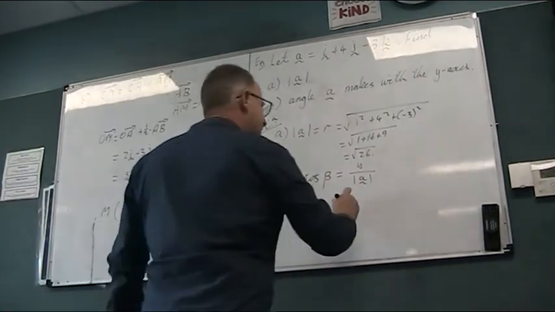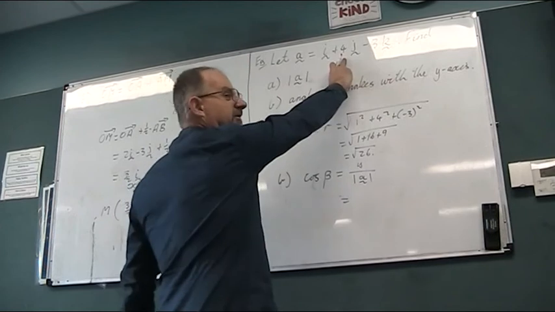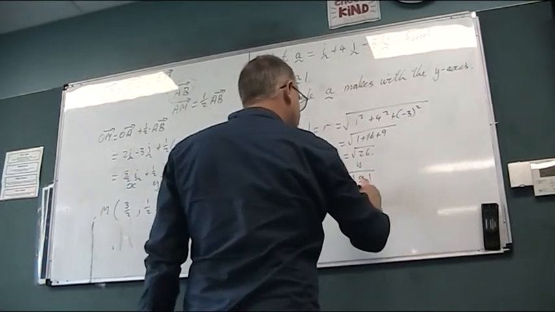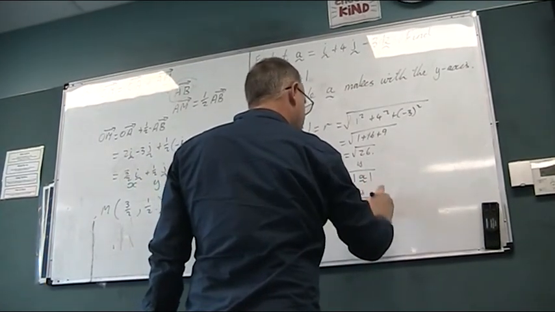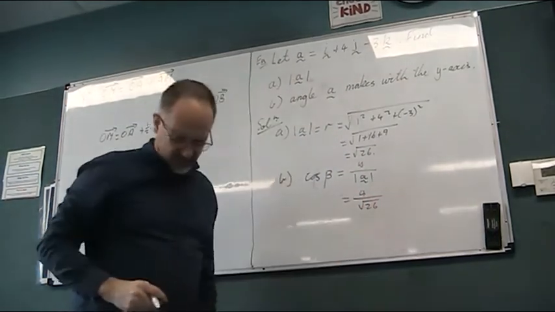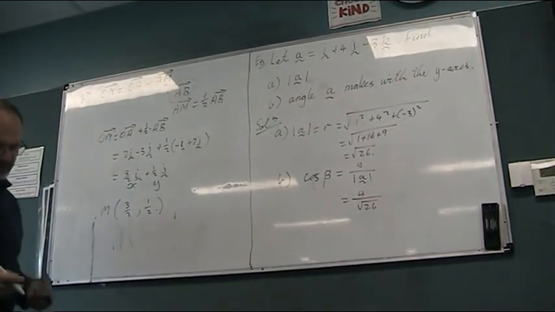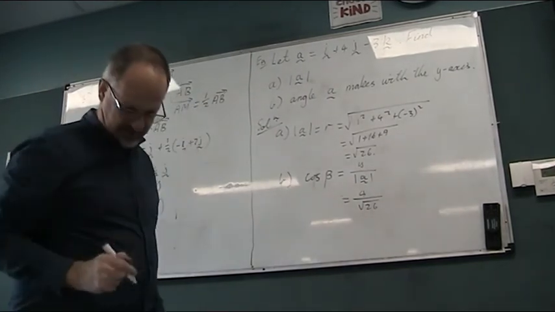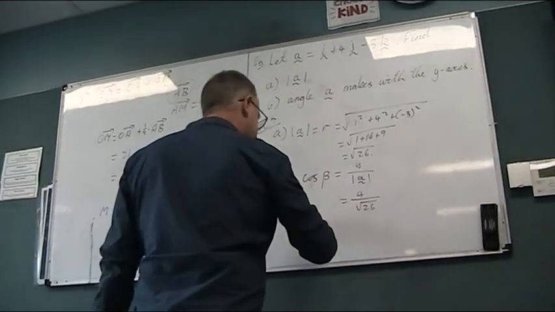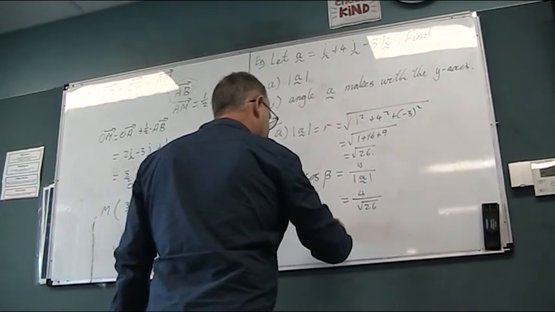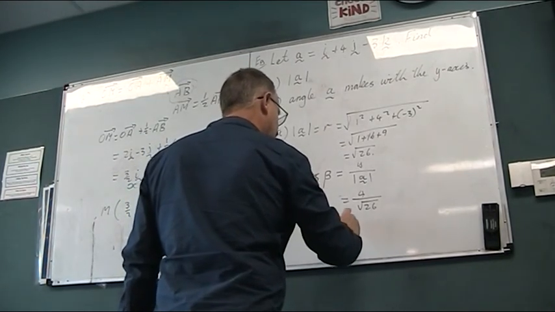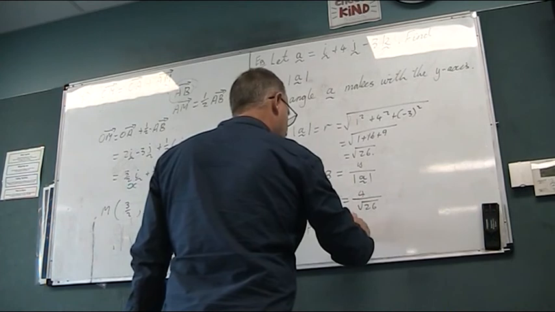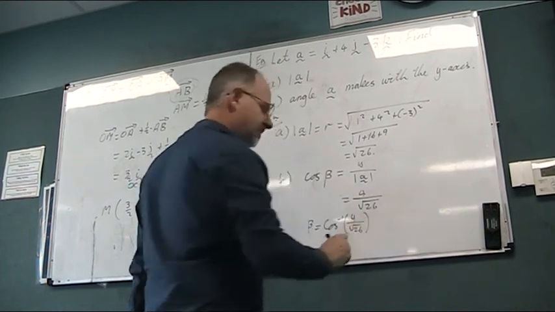And the bit in the y direction is 4. And the magnitude of the vector is root 26. So our beta would be cos minus 1 of 4 over root 26.